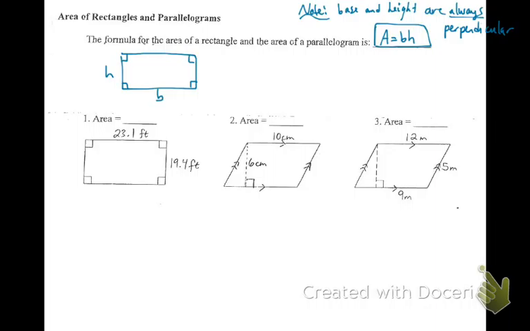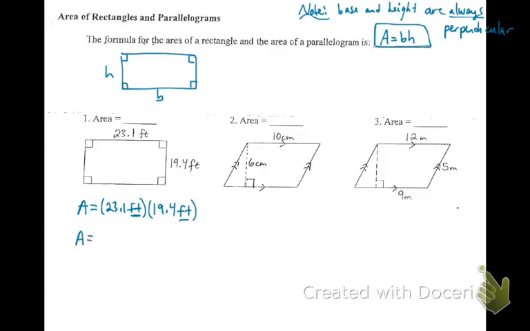So for number one, for instance, we have a rectangle because we have four equal angles. So you multiply the base, which is the 23.1 feet, times the height, which is 19.4 feet. Now I do want you to include the units, whatever the units are going to be, in the formula substitution, because it's going to show that we end up getting feet squared.